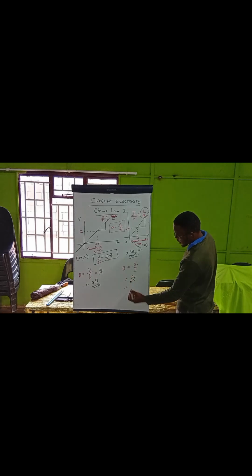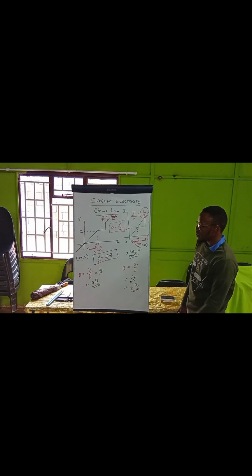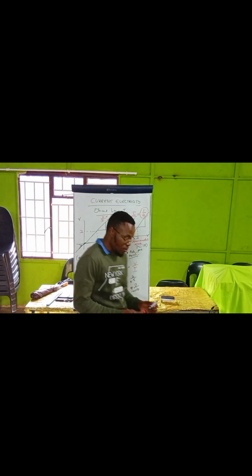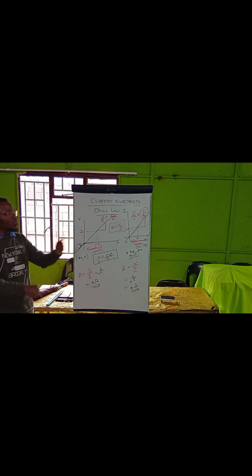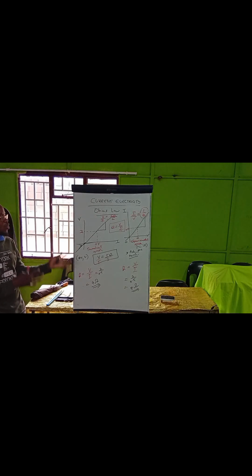And still you get the same answer in ohms. This is how you can solve the problem of trying to recall the fact that you need to reciprocate the I against V. So this is how we prove Ohm's law in terms of calculating the resistance.